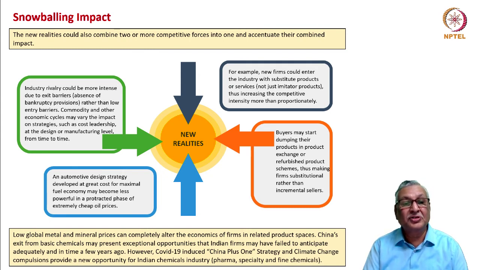Commodity and other economic cycles may vary the impact on strategies such as cost leadership at the design or manufacturing level from time to time. Low global metal and mineral prices can completely alter the economics of firms in related product spaces. China's exit from basic chemicals may present exceptional opportunities that Indian firms may have failed to anticipate adequately and in time a few years ago.